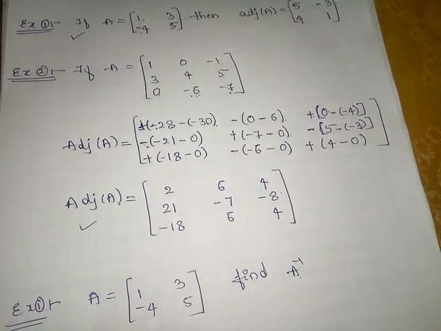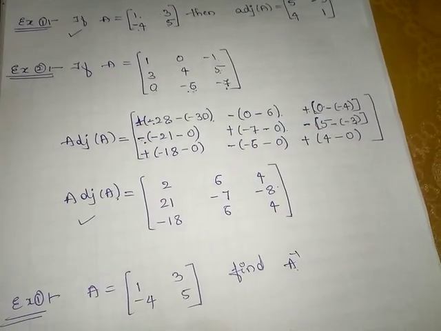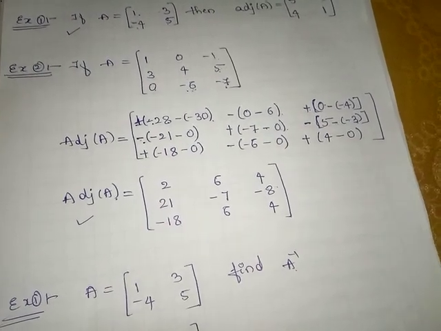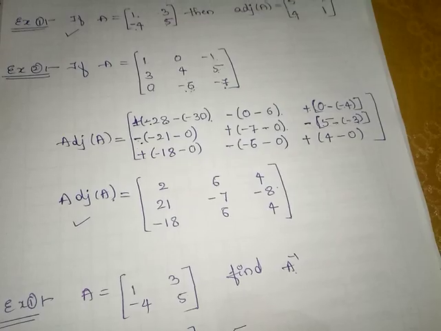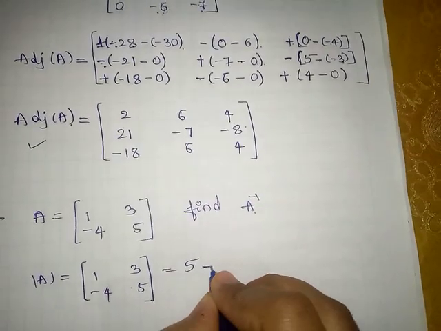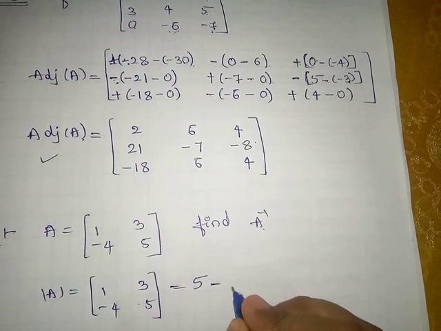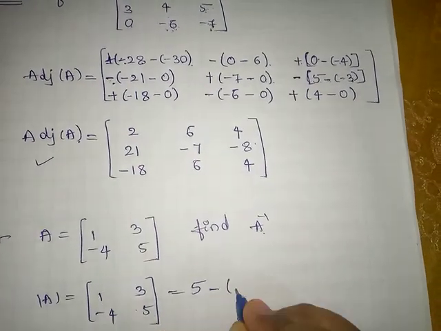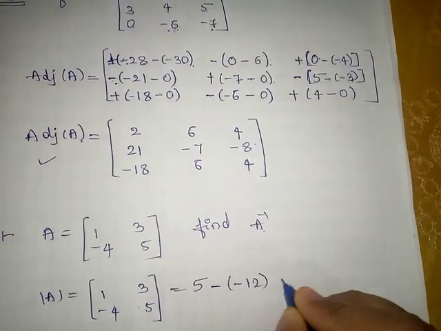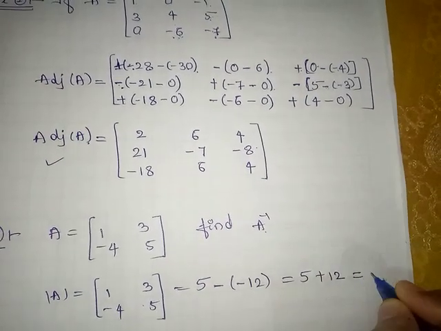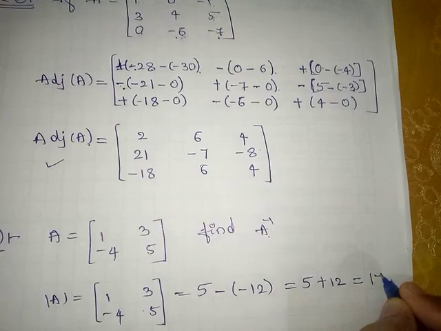First find the determinant of A. Determinant of A is what? Is equal to 5 minus 4 3s are 12. This is minus 12, which is equal to 5 plus 12, is equal to what? 17.